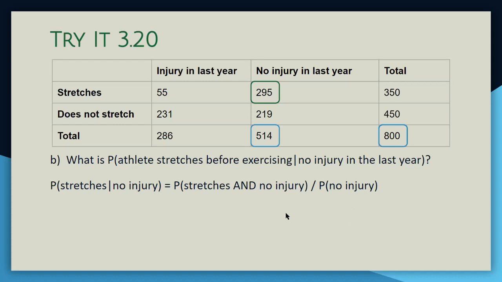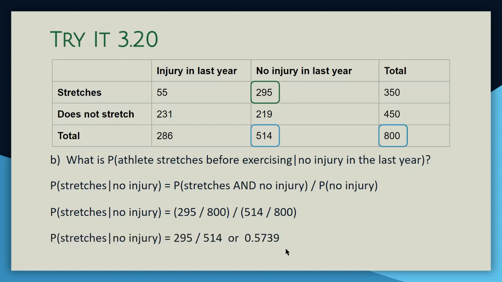And for no injury, there were 514 people total who were not injured in the last year out of that sample of 800. So 295 over 800 divided by 514 over 800. Those divide-by-800 parts are going to cancel, and we end up with 295 divided by 514, or 0.5739.